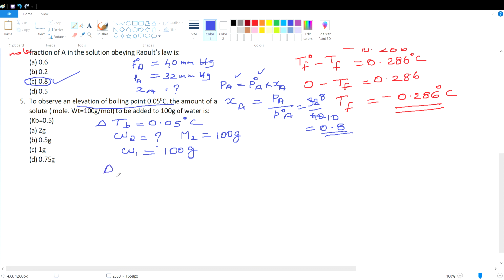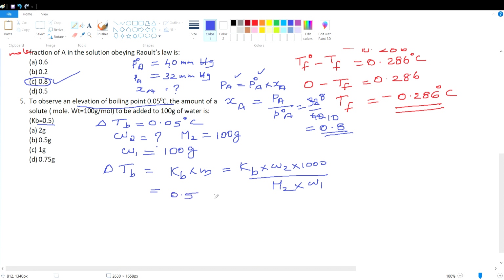So we write the equation delta TB is equal to Kb into molality. Kb is given in the question as 0.5. If you expand molality, it is W2 into 1000 divided by M2 into W1. Substitute all the values given.